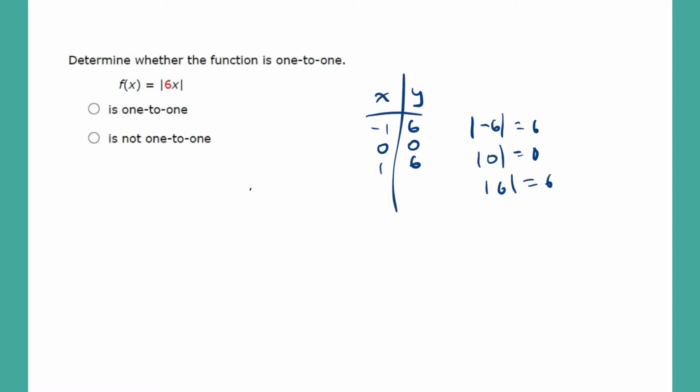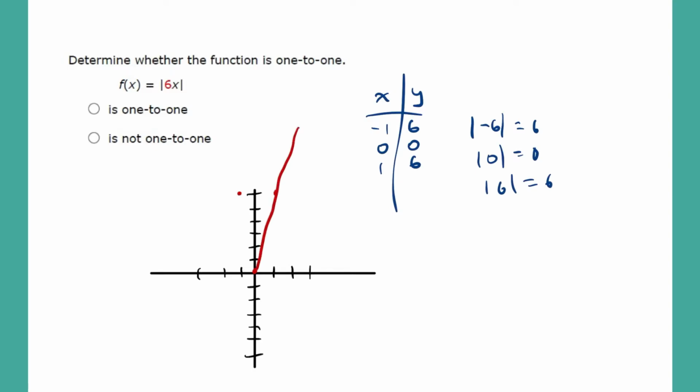So that's going to look like a V. Anytime you have an absolute value function, it's always going to have the V shape. So for example, (-1, 6) would be here, (0, 0), (1, 6). There's the V that we're looking for.